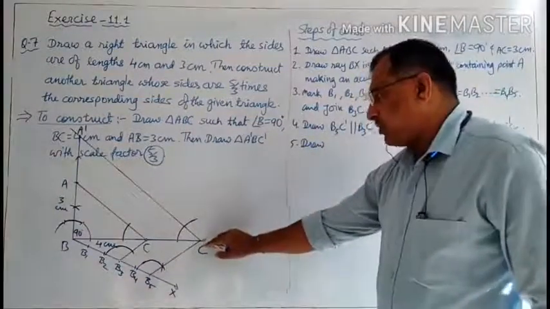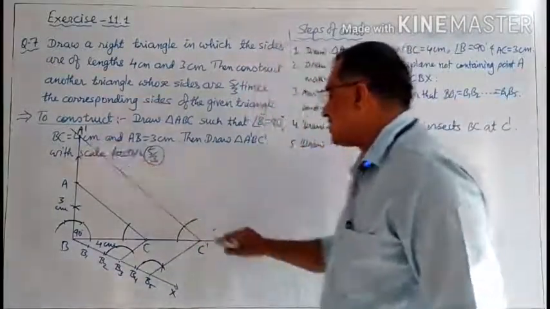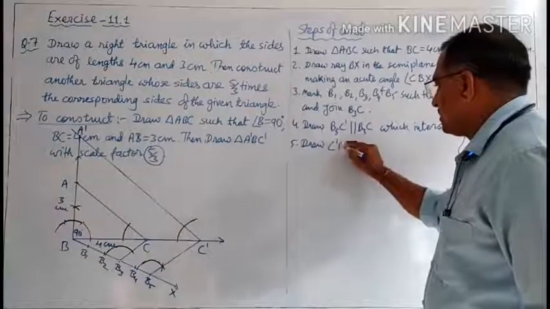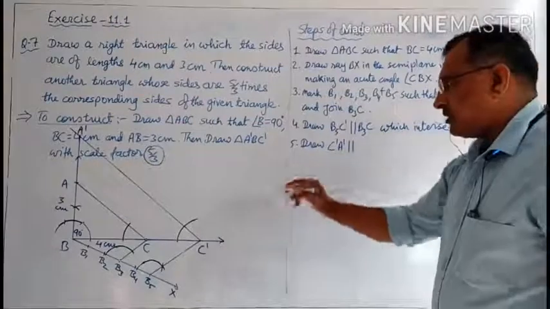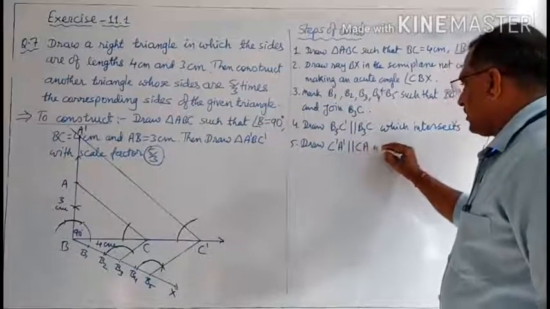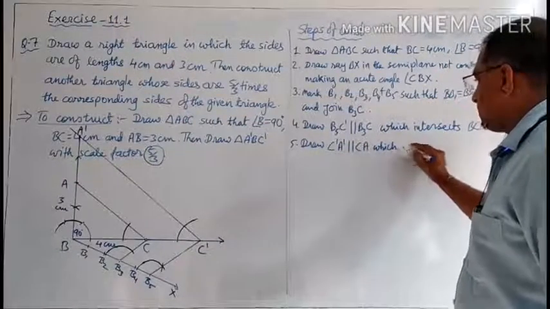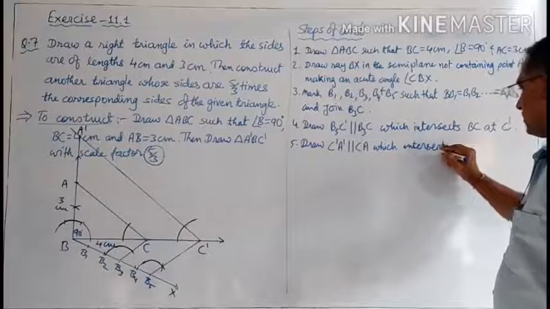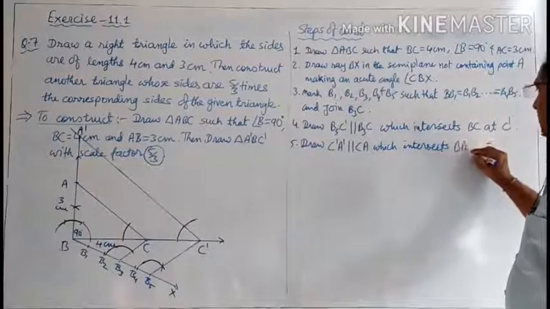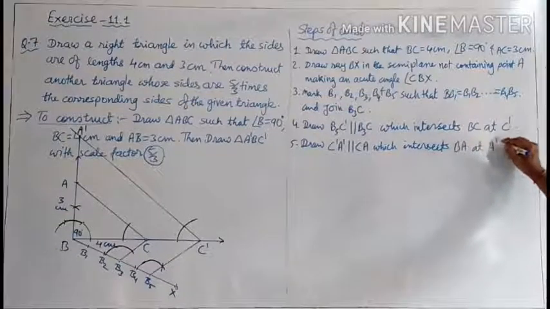Same way, now we got this point, so we have to draw this line C dash A dash parallel to CA, and that also intersects BA at A dash.